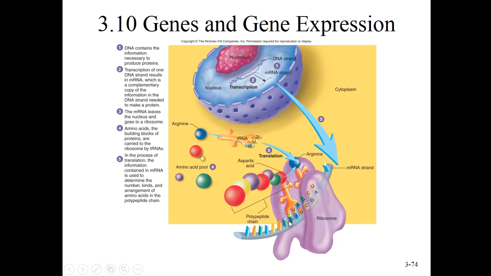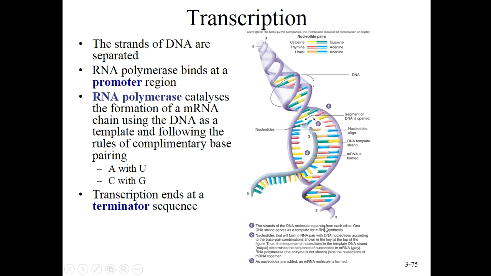The point here is that the 3-letter code on the messenger RNA is the codon, and the 3-letter code on the tRNA is the anti-codon. Notice that anti has a T in it, which can help to remind you which molecule it's found on. The ribosome then takes the amino acids and hooks them together.